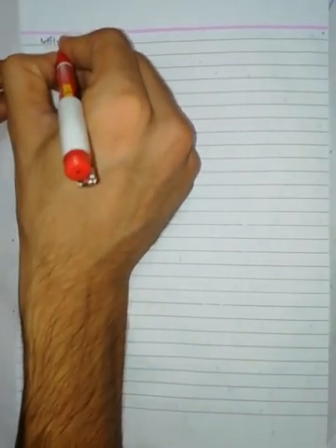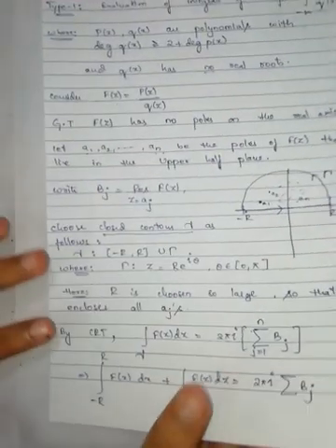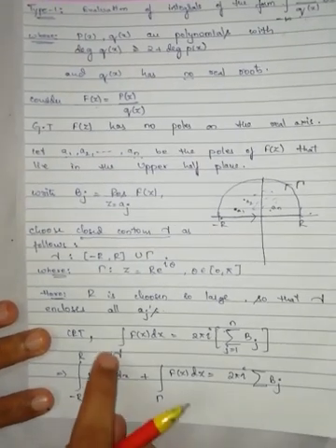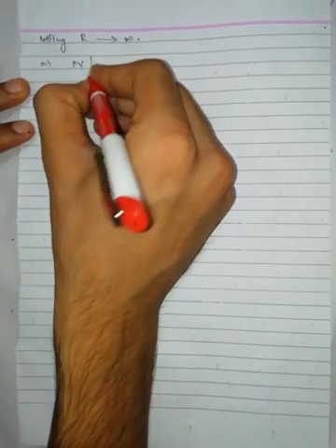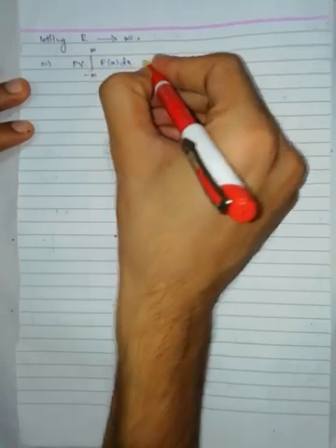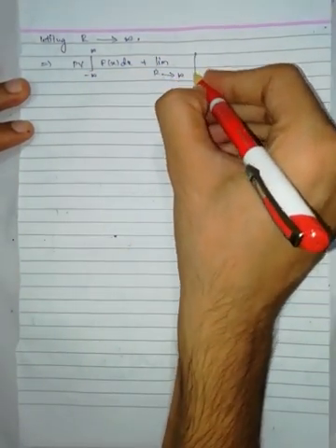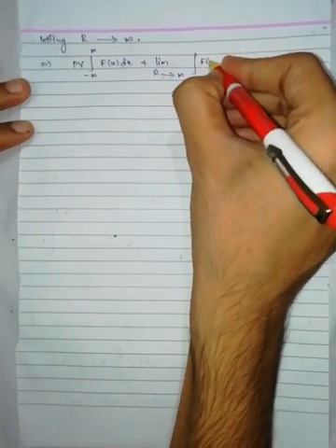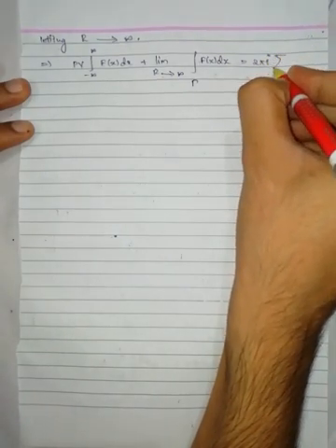Letting capital R tend to infinity, this one becomes the principal value. This implies the principal value of the integration from minus infinity to infinity of capital F of x dx, plus the limit as capital R tends to infinity of the integration over capital Gamma of capital F of z dz, is equal to 2 pi i times the summation of bj.